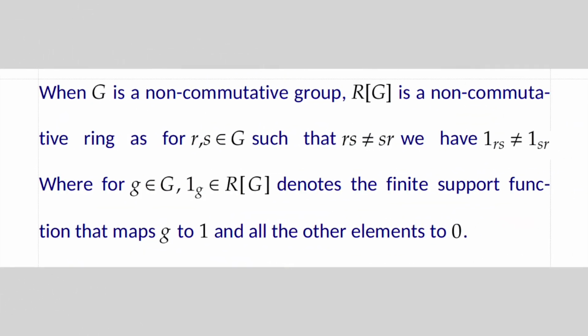When G is a non-commutative group, R[G] is a non-commutative ring, as for r and s belonging to G such that rs is not equal to sr, we have 1_rs not equal to 1_sr, where for g belonging to G, 1_g belonging to R[G] denotes the finite support function that maps g to 1 and all the other elements to 0.